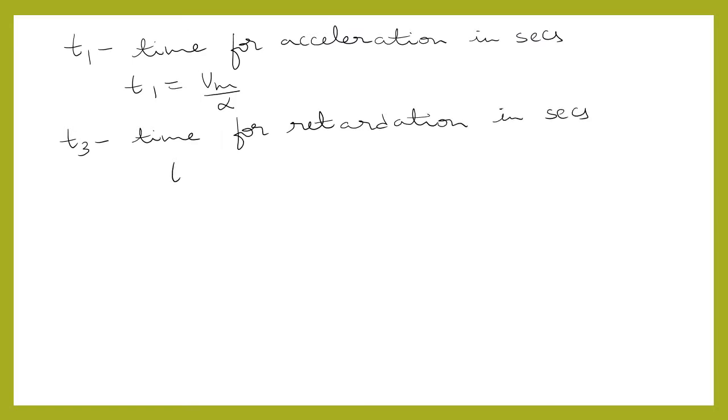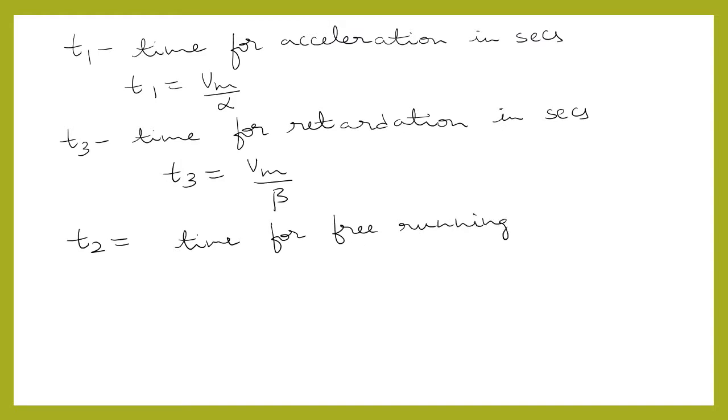It is given by Vm by beta. t2 is the time for free running in seconds. We have the actual time of run t equal to t1 plus t2 plus t3.